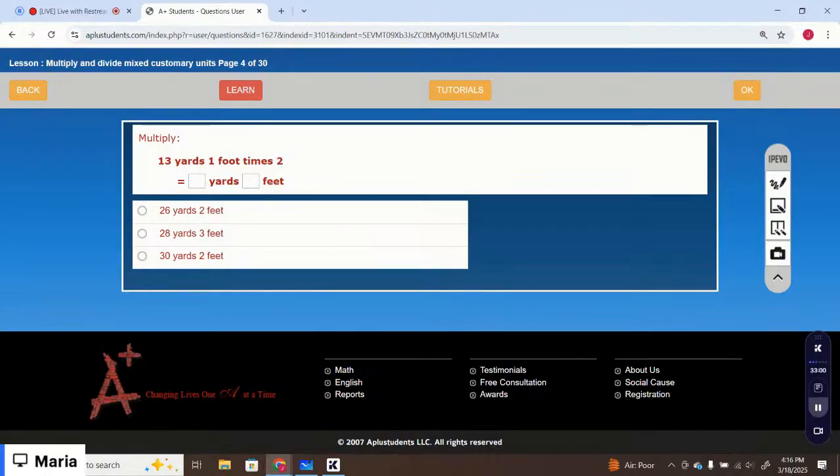13 yards, 1 foot times 2. So you have to multiply both the values by 2. So which is the correct option?